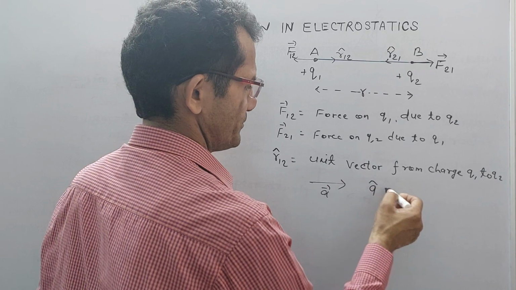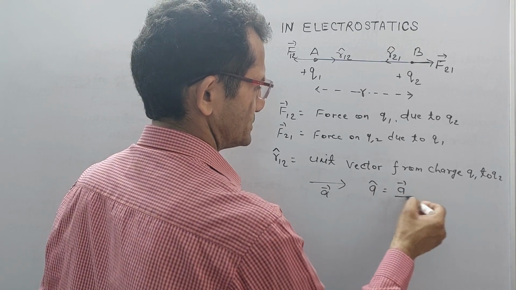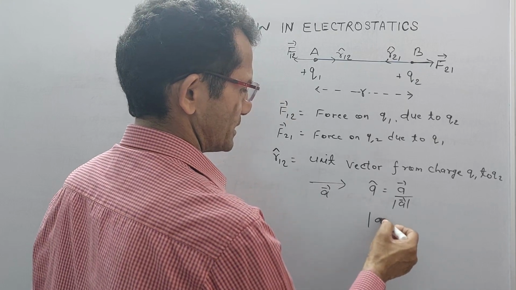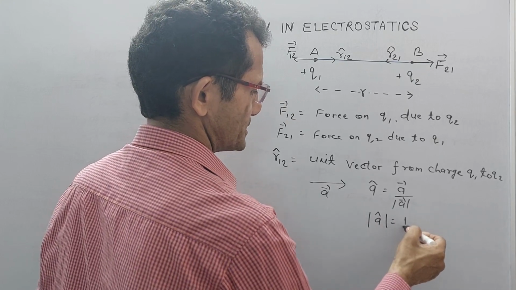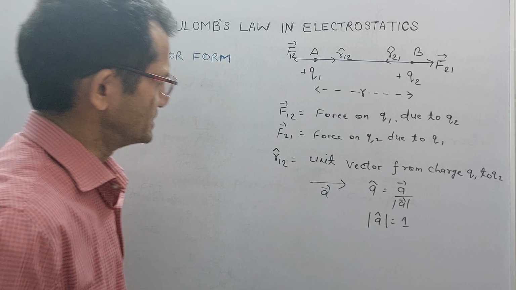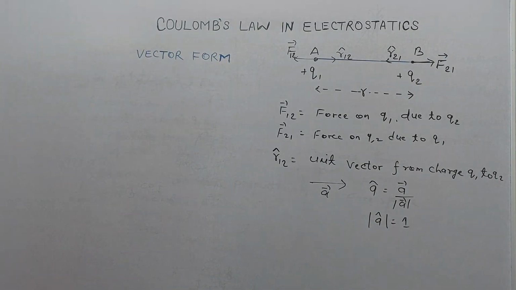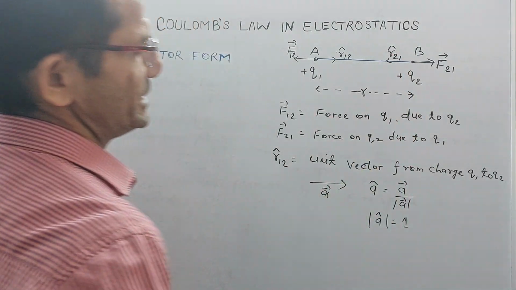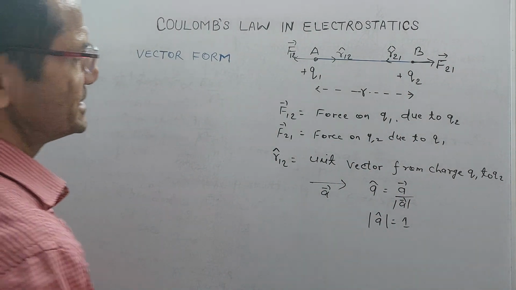The unit vector will be vector A upon its modulus. So a unit vector always has magnitude 1 and gives only the direction. In this way, this is the value of r12 and r21. The directions are indicated in the figure.